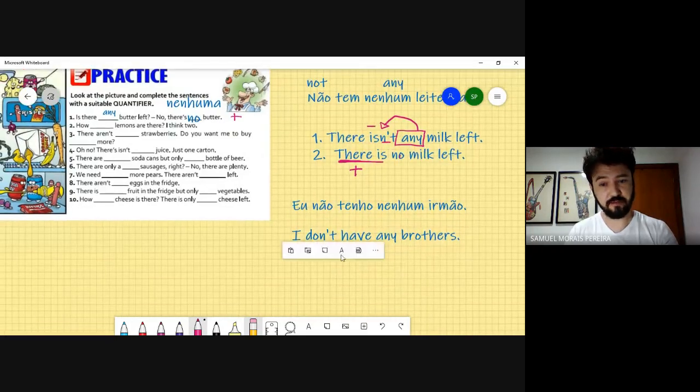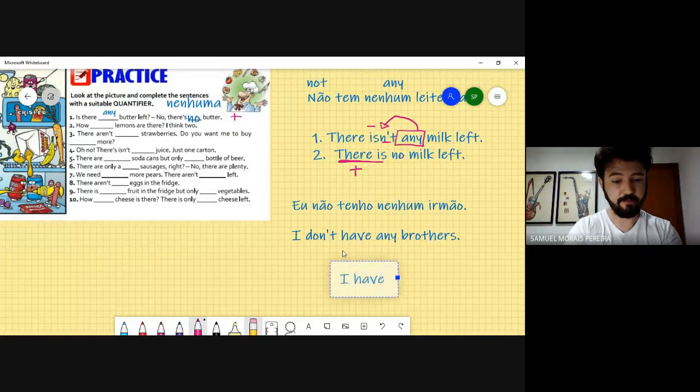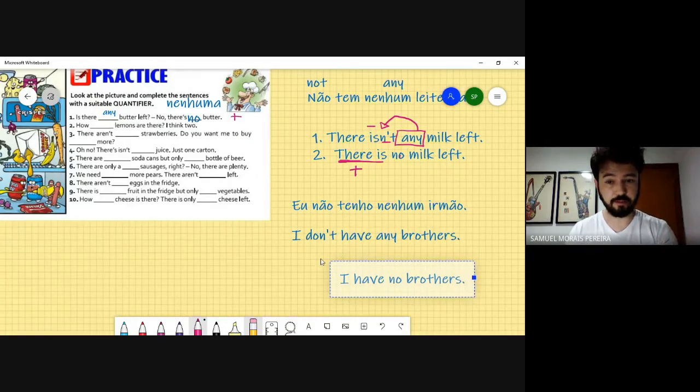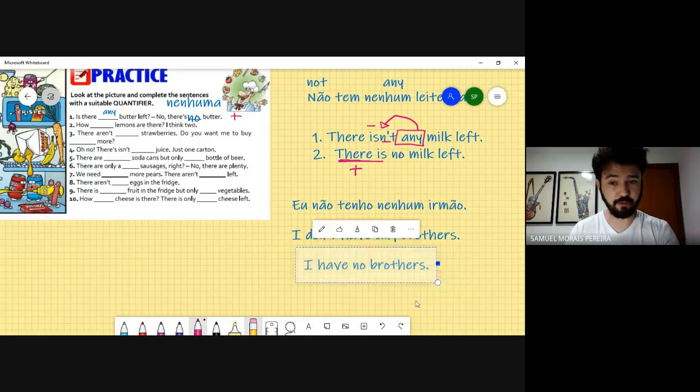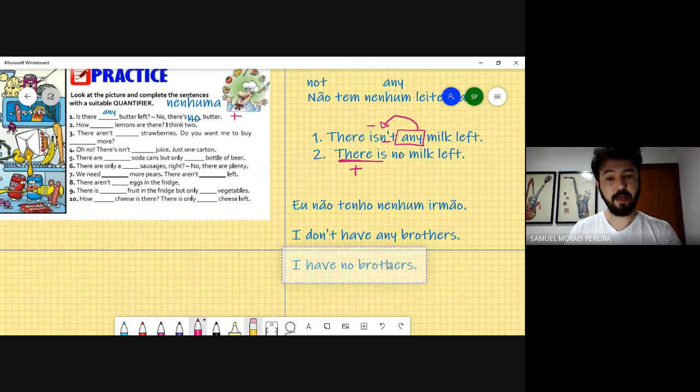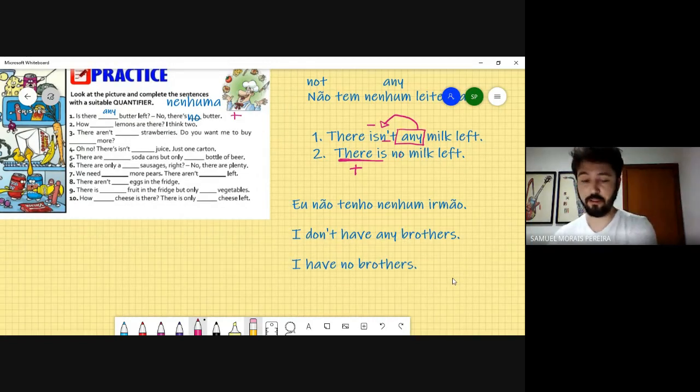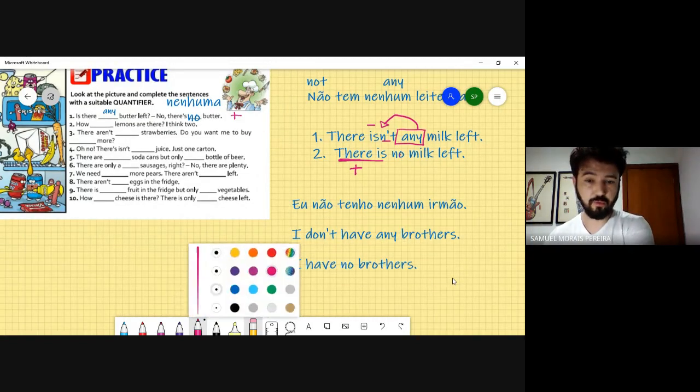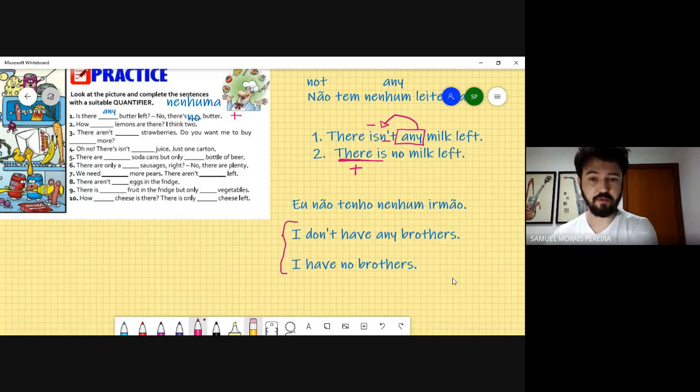Você pode fazer a frase assim, ó. I have no brothers. I have no brothers. Eu não tenho irmãos homens. Não, I have no brothers. Tá vendo? Ó? I don't have any brothers and I have no brothers. So, can you see? I have two possible ways of saying the same thing, okay?